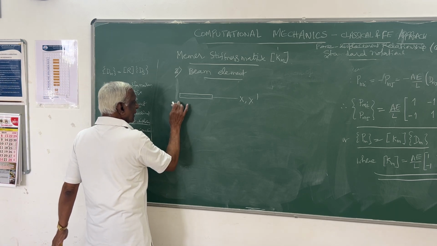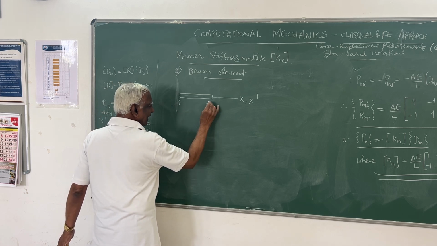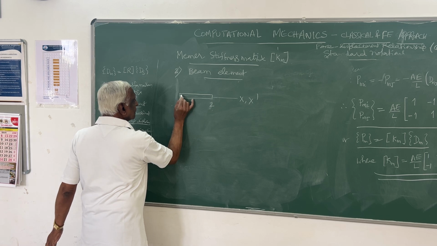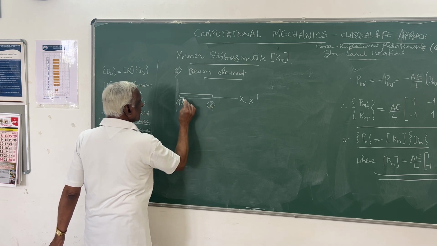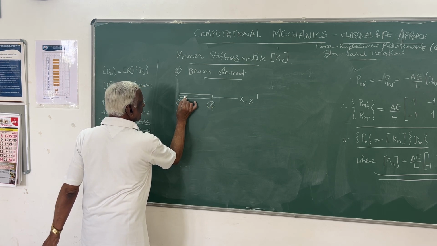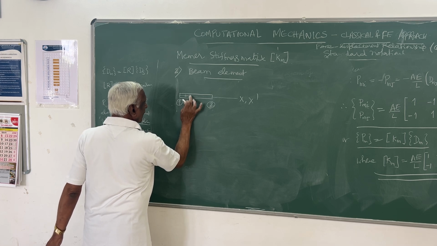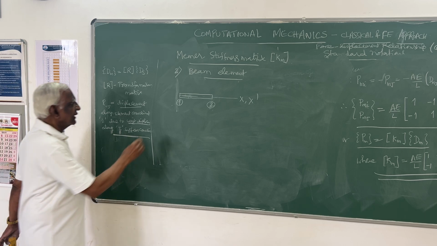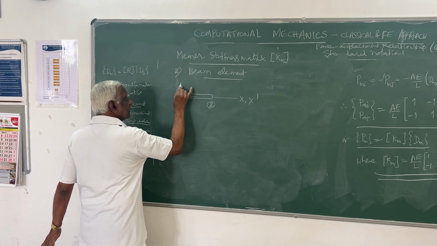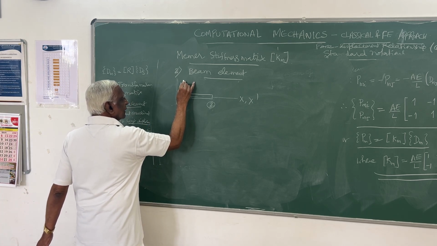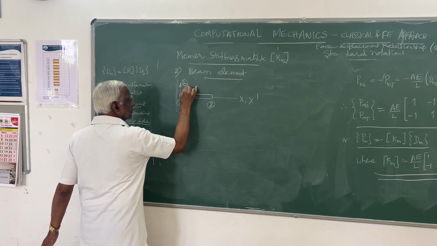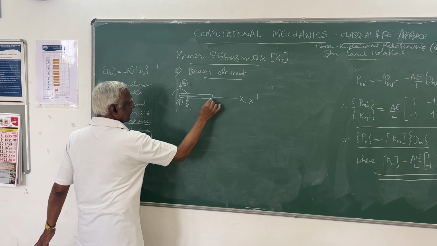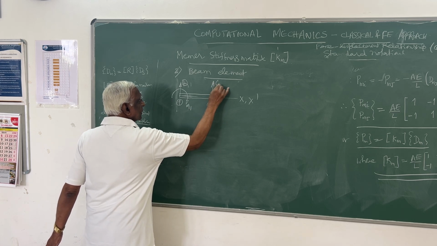So for the beam member, I will say 1, 2 instead of ij. Having P1, no, there is no P1. Beam is assumed to be axially rigid. This is Q1, M1, Q2, M2.